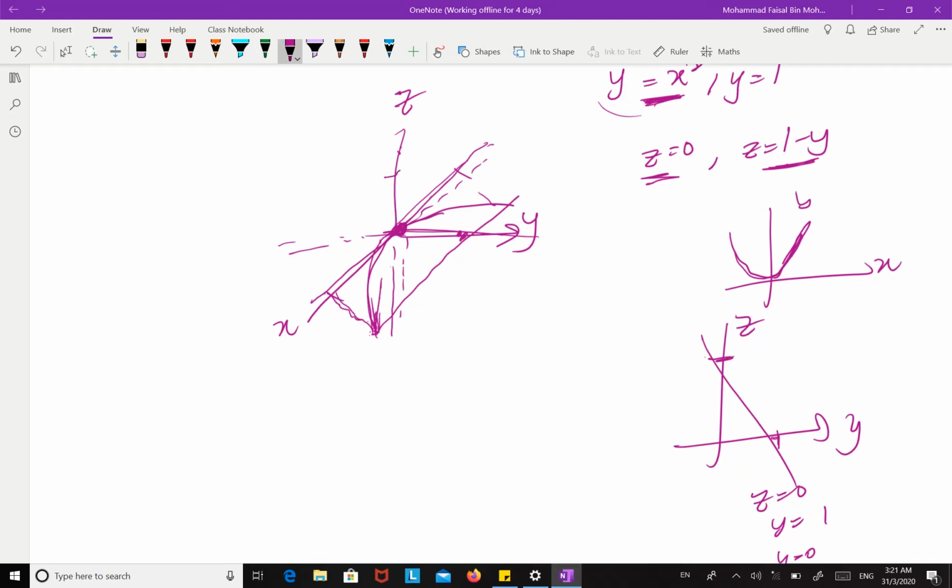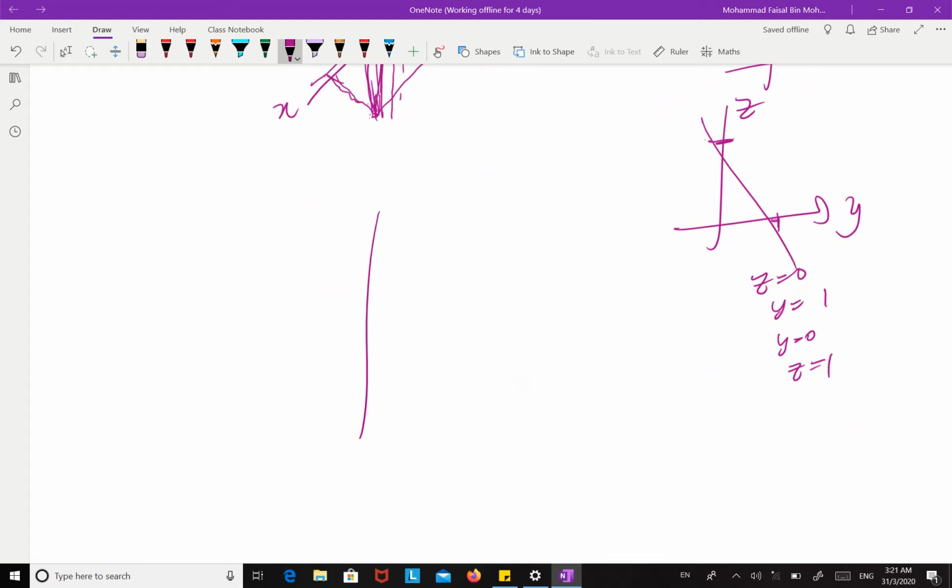Actually, I choose one that is smaller so that you can see. Okay, let me draw again so that you can see.